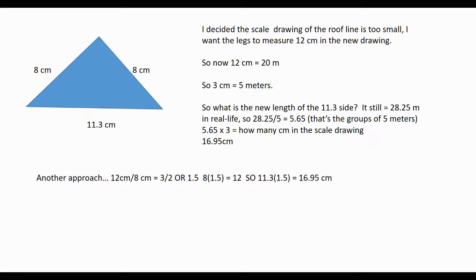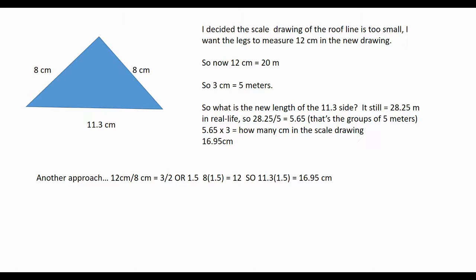So what we're going to do here is take my 28 and 25 hundredths meters and divide by 5, because I want to now know how many meter chunks are in this 28.25. Then I can multiply that by 3, and I get that in my new drawing it would be 16 and 95 hundredths centimeters. So this leg would be 12, this leg would be 12, and now this would be 16 and 95 hundredths.